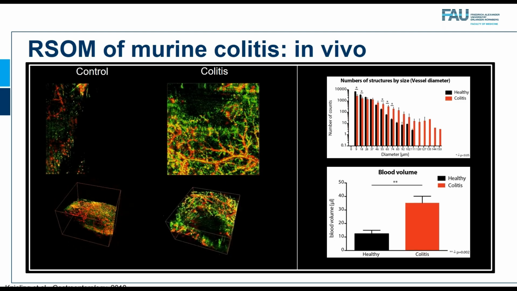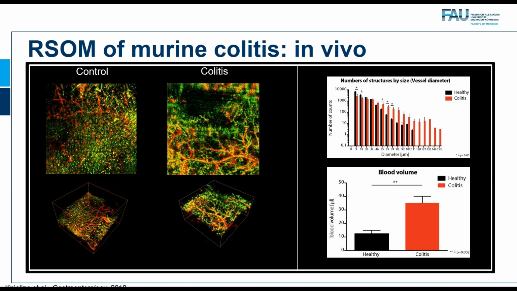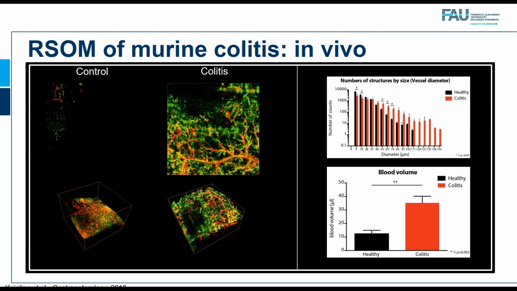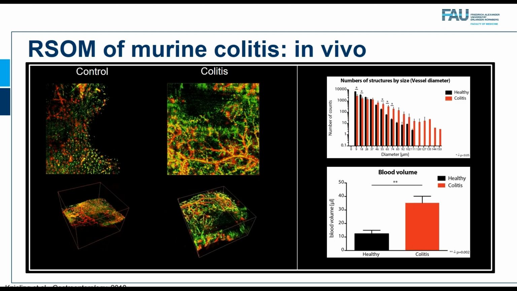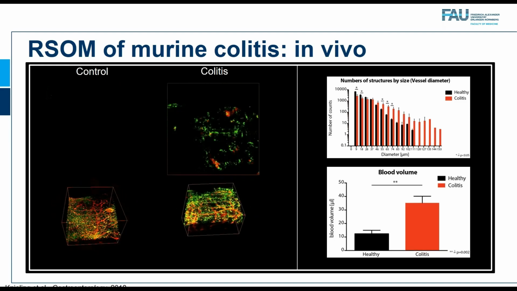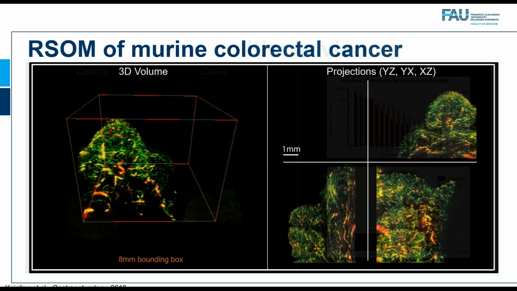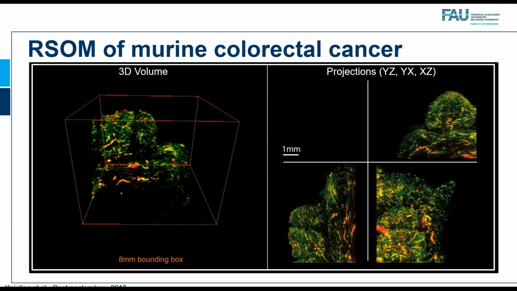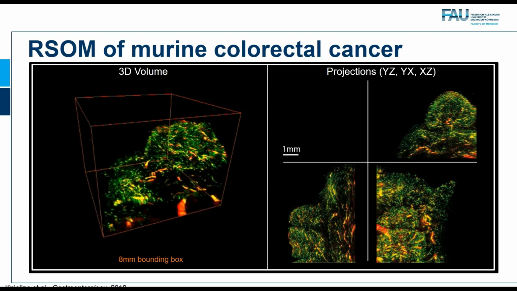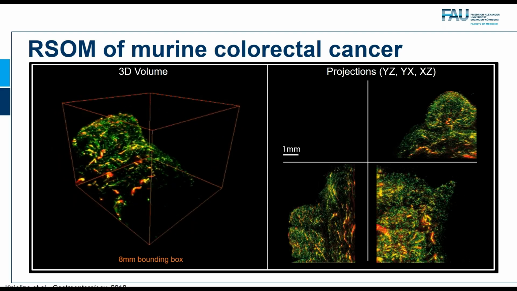Also here we could see that RSOM is able to really discriminate between normal healthy colon and inflamed colon, just based on changes of the vascular morphology, like the diameter, for instance, and also the whole blood volume in the tissue. You can even use this technique to detect cancer. Here's an example of a murine cancer model, where you see a small polyp with a diameter of just a few millimeters.